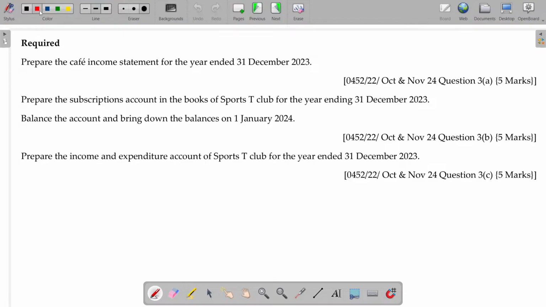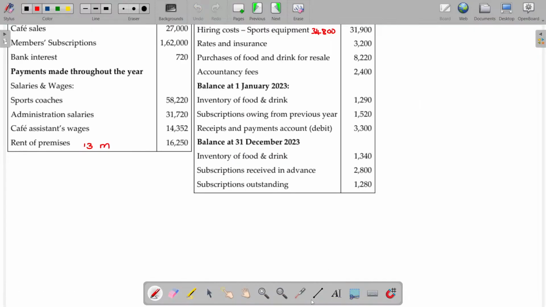Now prepare the cafe income statement, subscription account, and income and expenditure account of the sports tea club. So here we have to prepare the income and expenditure account also. Right.